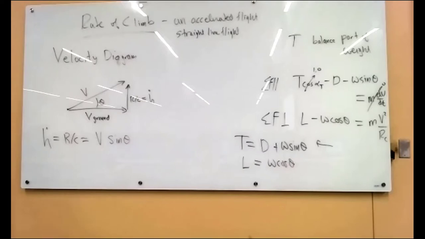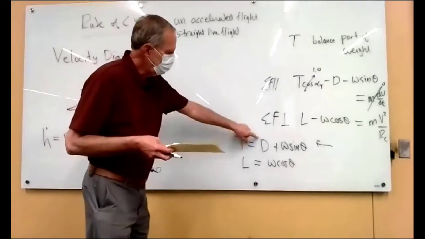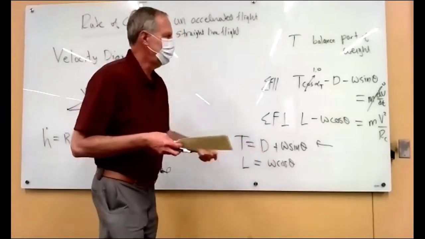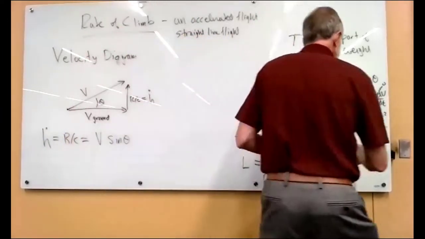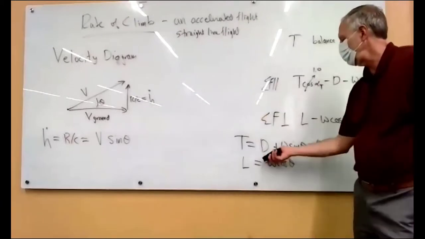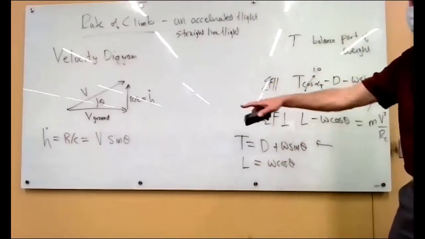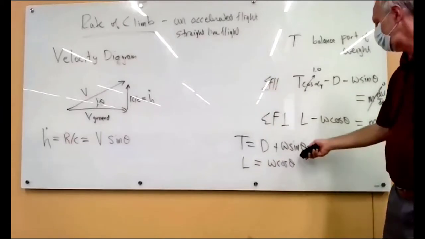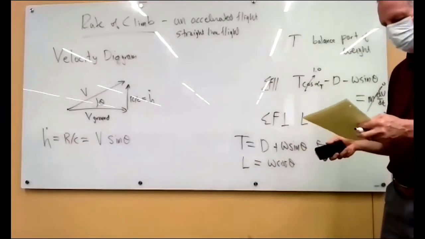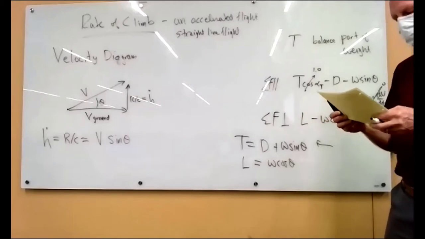All right, so we want to get this formula in terms of the lift and the drag and the weight from over here, because this is the stuff we know how to calculate, right? We can calculate CD and we can calculate CL, and we want to put that into that formula. And we're seeing a sine theta here. So in fact, that's how we're going to do it.